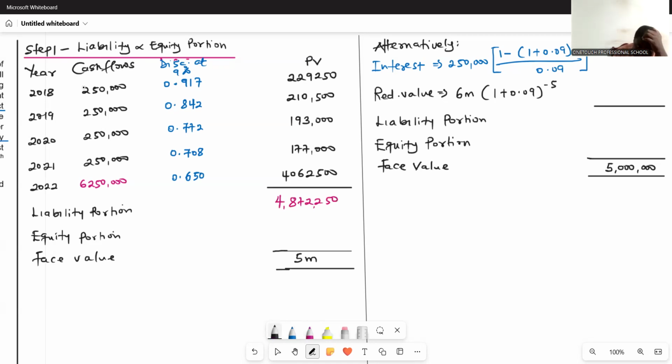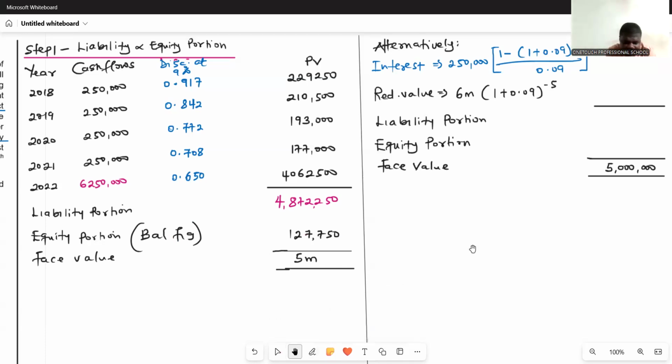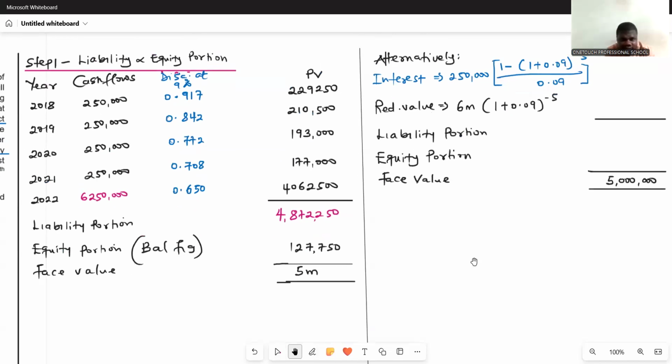So the difference will be 127,750. Am I correct? Okay. So now that we have this, that's all for step one. So you either use the first one or the second one.